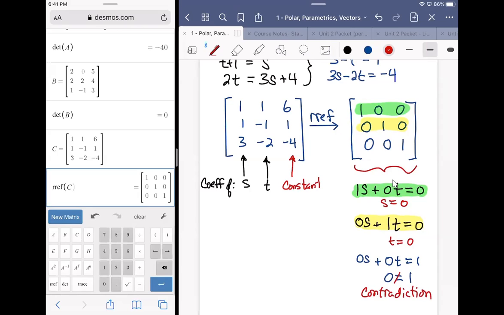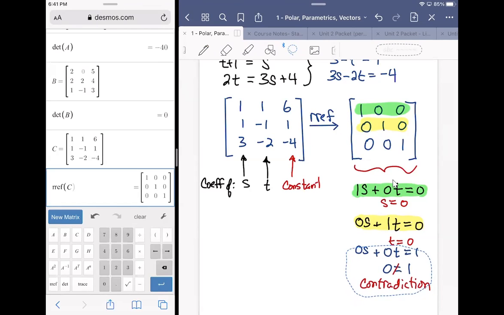Which tells us that there is no way that we could have a point or a coordinate that coincides between those two lines, right? So therefore, no intersection.